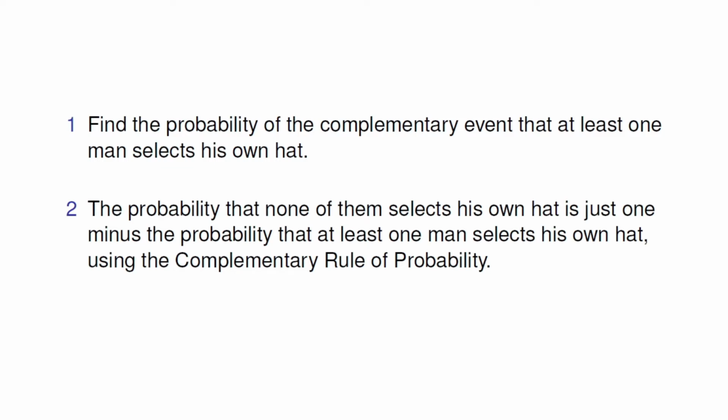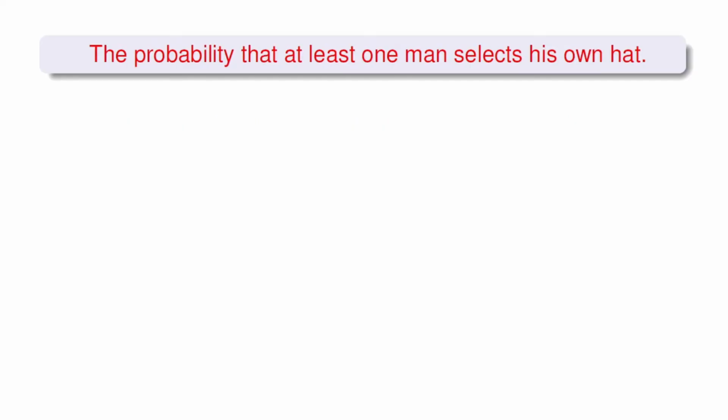So if we can find the probability that at least one man selects his own hat, then the probability that none of them selects his own hat is just 1 minus that probability. Now, the question is, how to find the probability that at least one man selects his own hat?